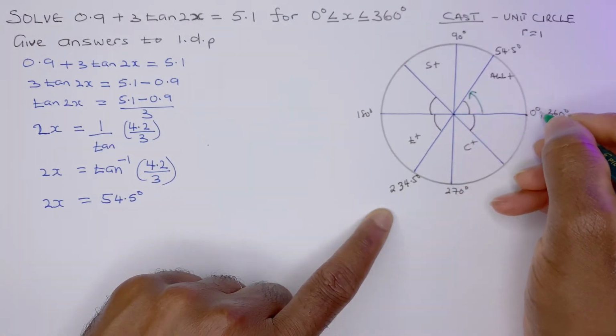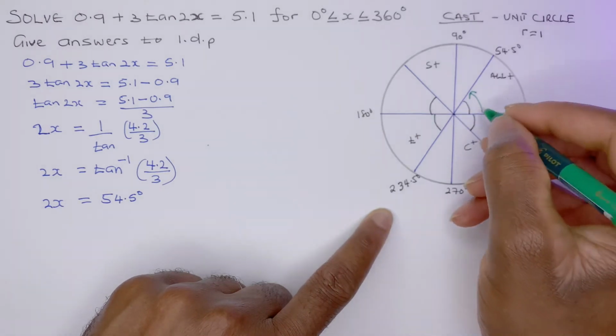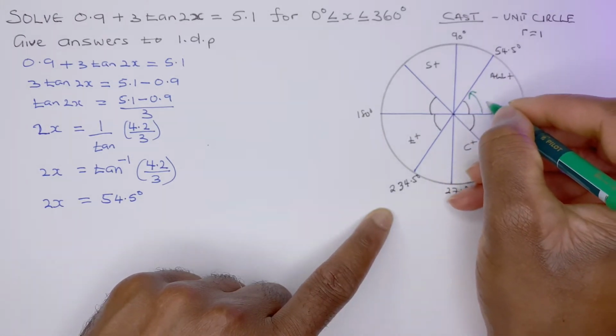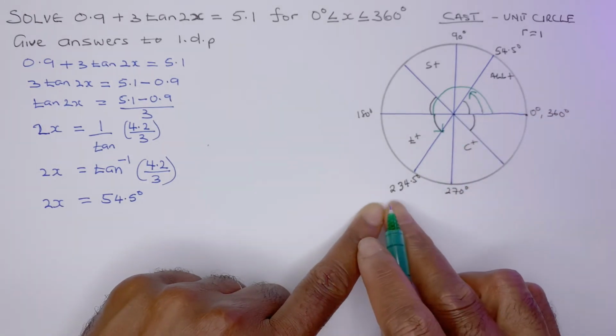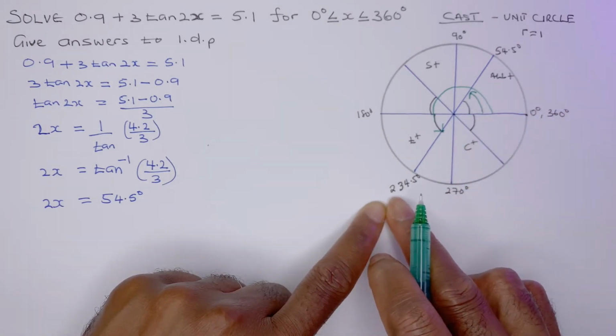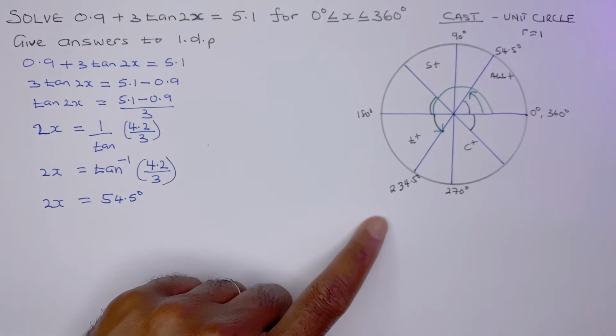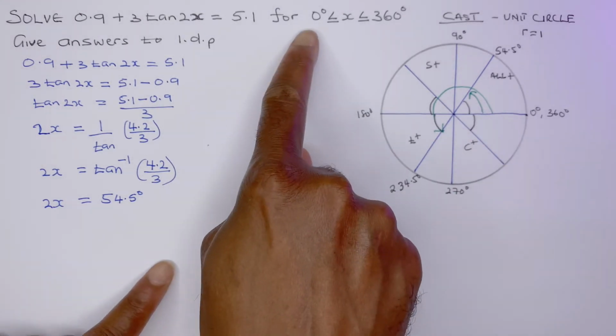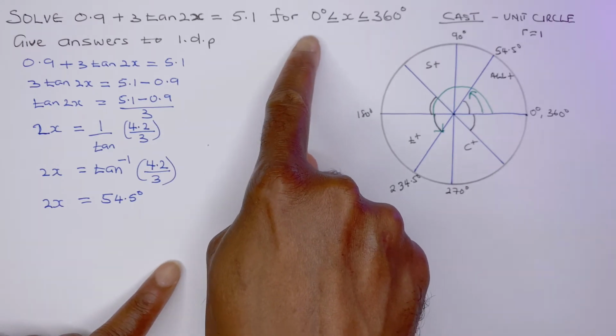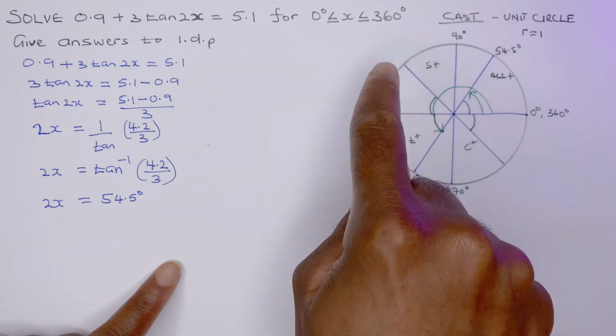So that's the first one, and the second one is 234.5 degrees, because the question says we're measuring from 0 degrees to 360 degrees.